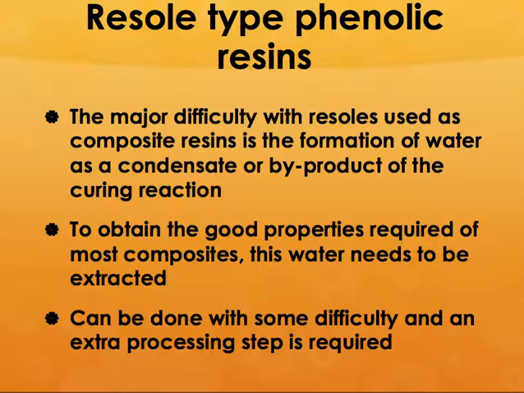So you got to be extremely careful to get full densification. So you need to extract this water completely and perfectly. It is done with difficulty. This is a very, very difficult process, but it can be done.